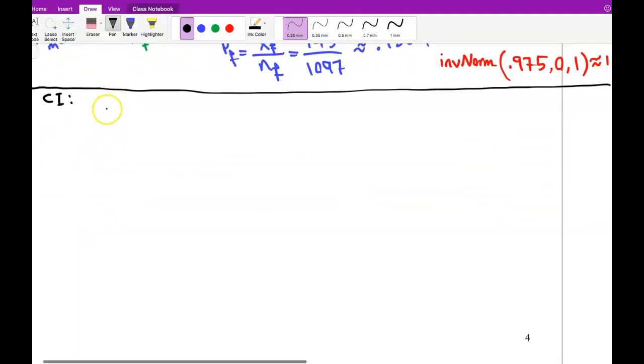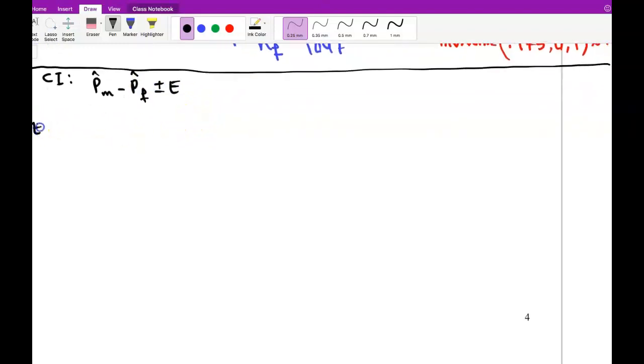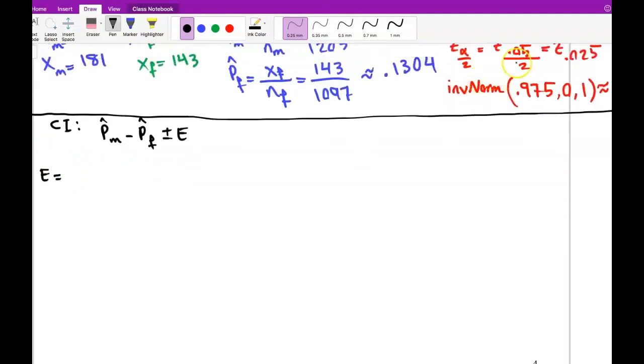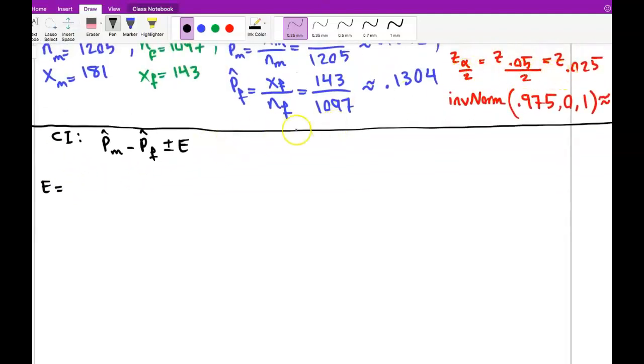So first finding E. So I need to find this part, P hat for males. So for Z, we got 1.96.